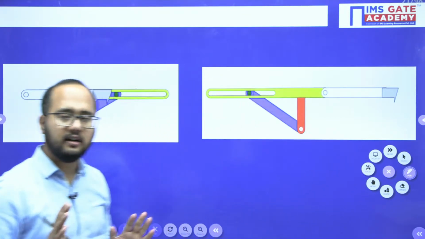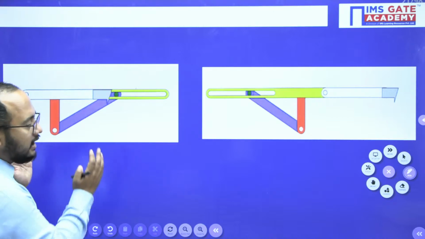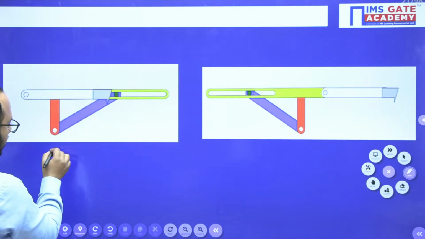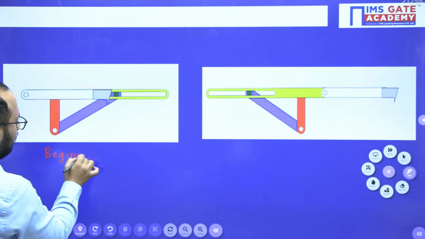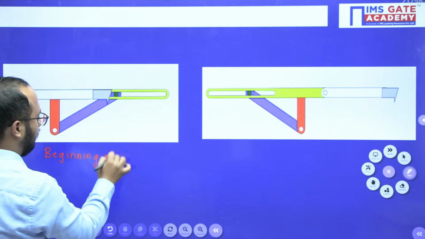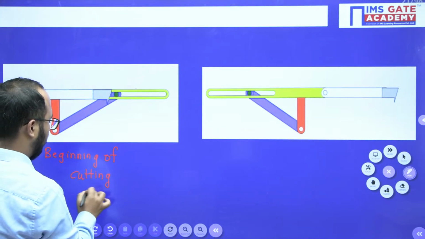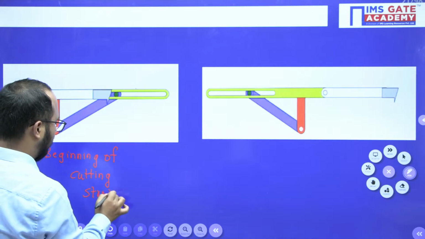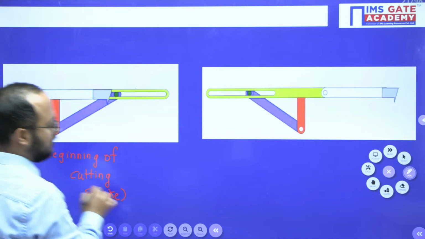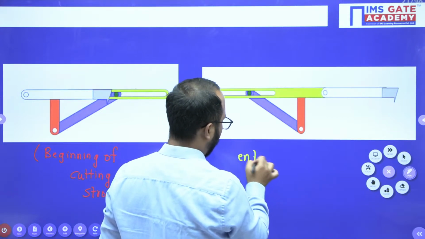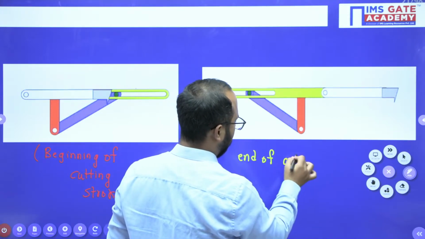This point you should understand first of all. Okay, so we can write here: beginning of cutting stroke, end of cutting stroke.